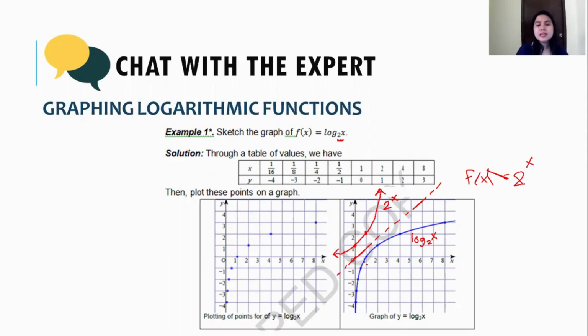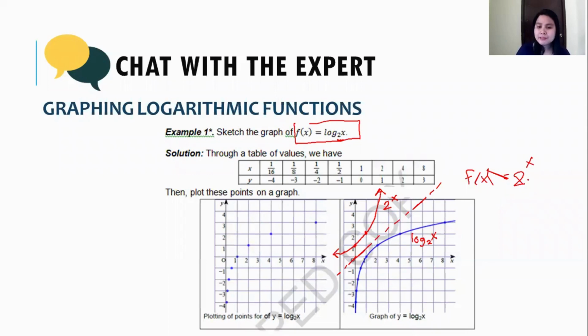Now, how do we graph logarithmic functions? One thing to do is to make use of tables, a table of values like x and y. You plug in the x values, then you solve for the y. Then you plot them in this graph.